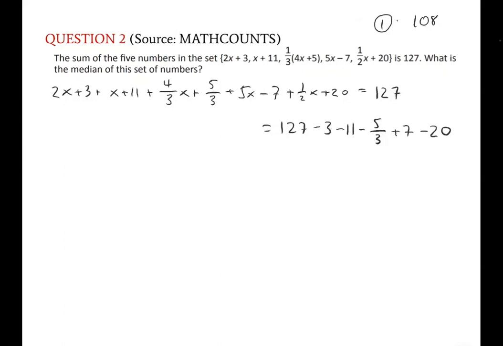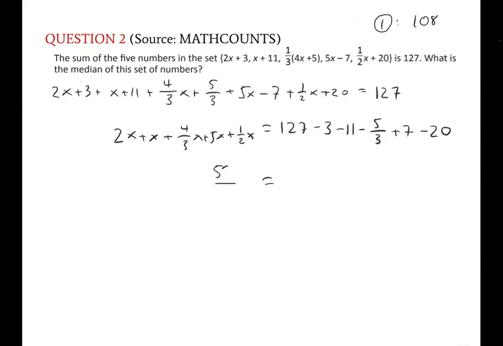On the other side, we just have to add up all of these x's.